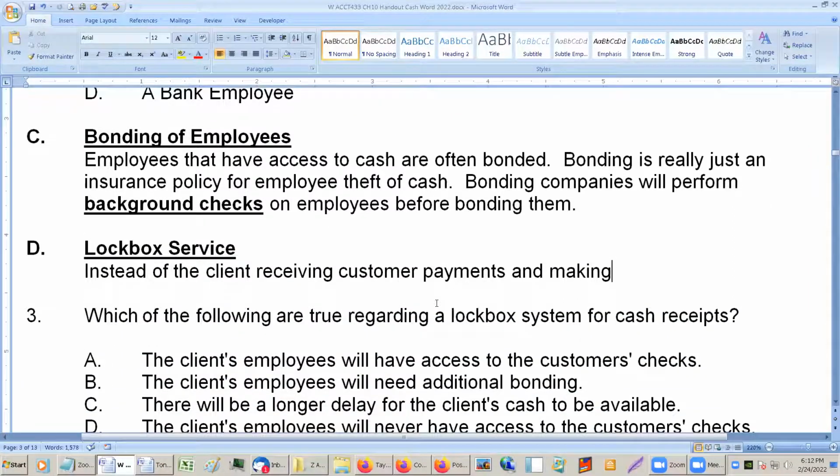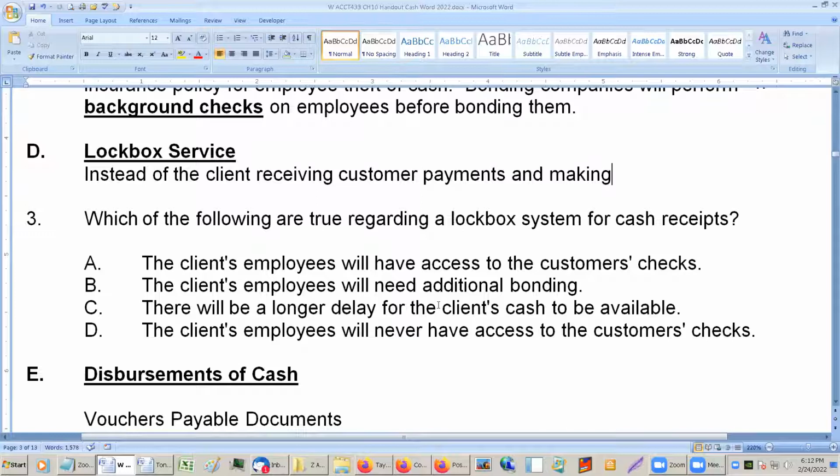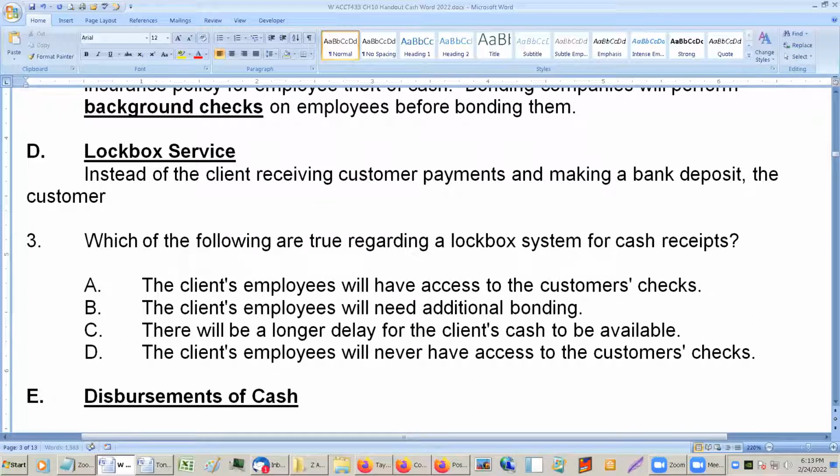Okay, instead of the client receiving the customer deposit payments and making a bank deposit, customer checks are sent directly to the bank.